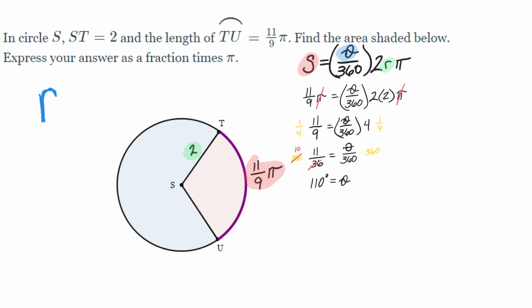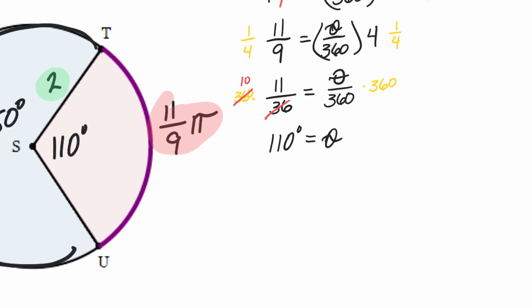So as we look at this, we see this region here is 110 degrees, but the shaded region is the region on the other side. Well, there's 360 degrees in a circle. 110 of them are in there. That means 250 are left in the blue shaded region, which is the region we're looking for here.